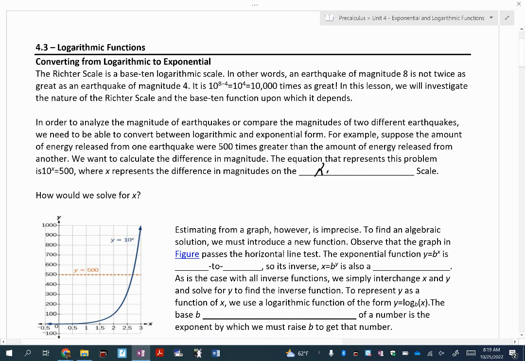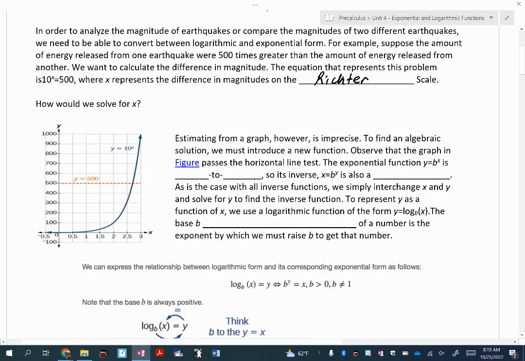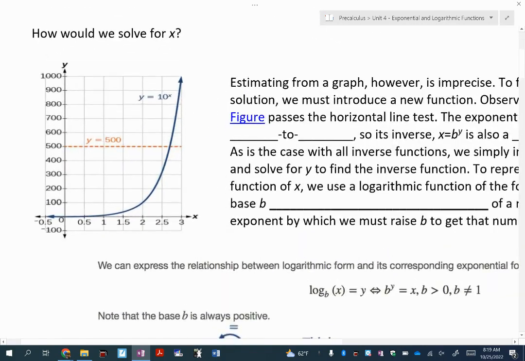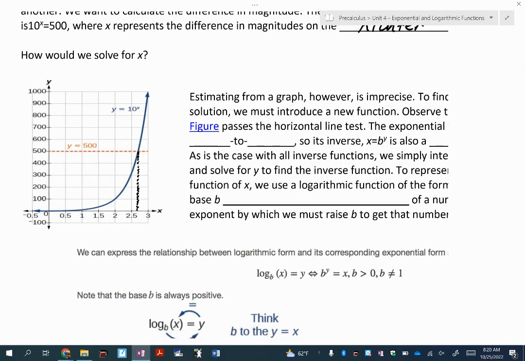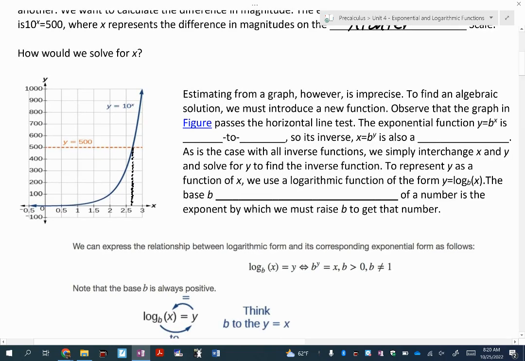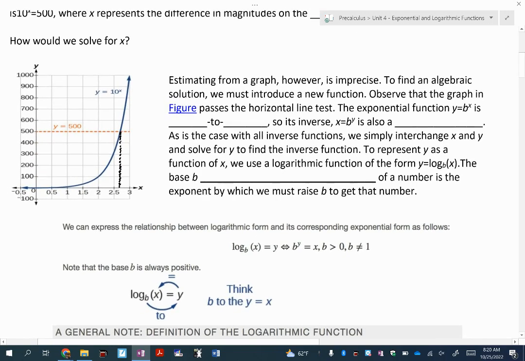When we look at that curve, if we were trying to solve for an output of 500, we would have to use the graph and estimate something a little bit after 2.5, so maybe 2.6 or 2.7. So there has to be a way that we can solve exactly for x, and that introduces the idea of the logarithm.